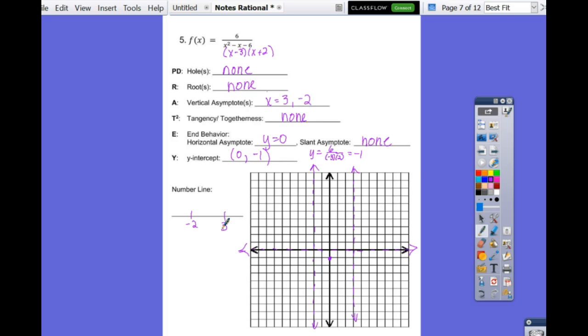So if I put negative 3 in, do I get a positive or a negative? Okay, those of you that are fighting, we have 6 over negative 6 times negative 1, which gives me positive.